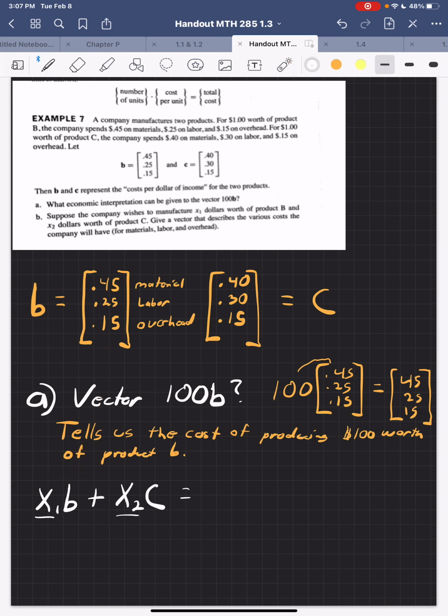So let me do that, because that is actually how you should write your answer. This is the vector that would describe your total cost of producing these two goods, right? So what was it, 0.40, 0.30, 0.15.